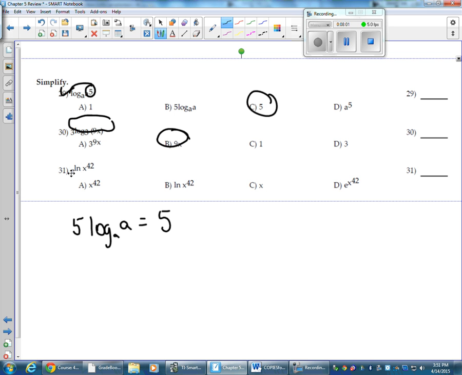And here, e and the natural log would cancel. So e to the natural log of x to the 42nd will just be x to the 42nd, using those rules and properties of logarithms. So e and natural log kind of cancel each other out.